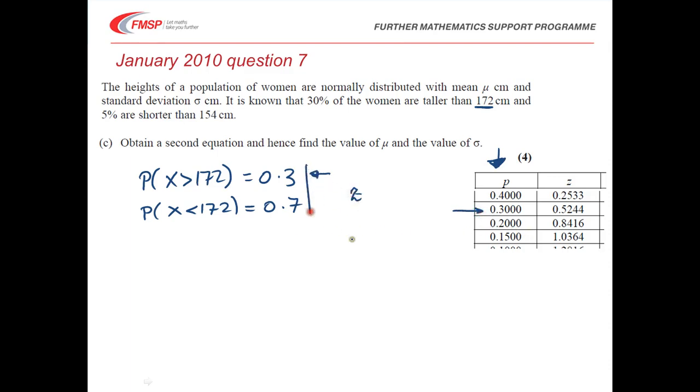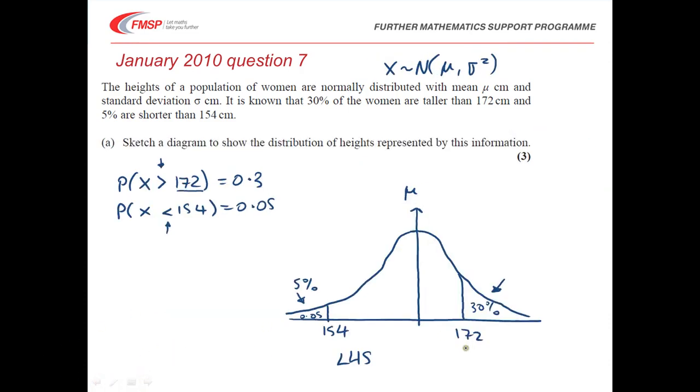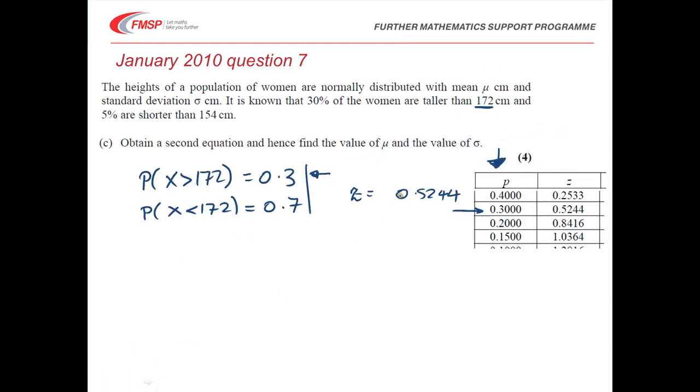So for both of these, 0.3 and 0.7, we're going to have a Z value of 0.5244. But again, if you cast your mind back to the diagram, 172 is clearly on the right hand side of the mean, and that indicates that we're going to have a positive Z value. So we then standardize in the same way.